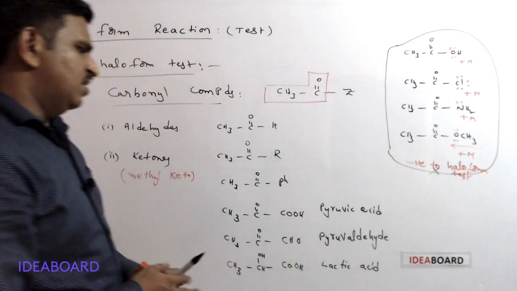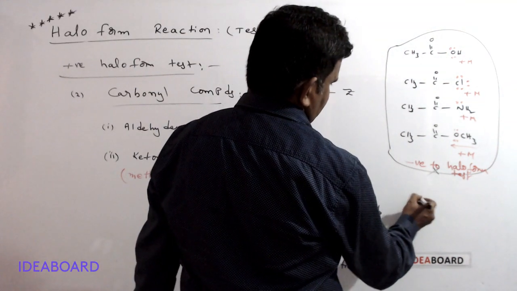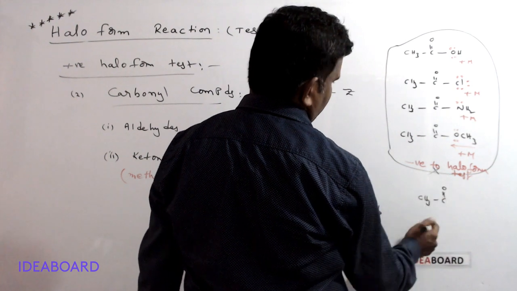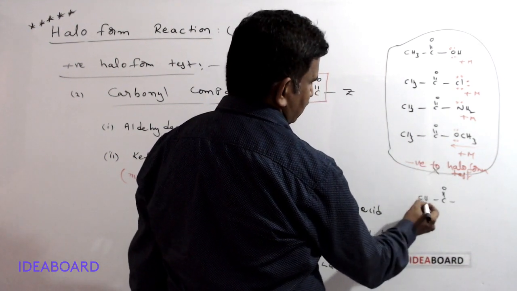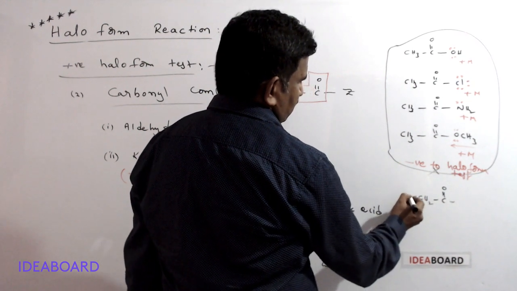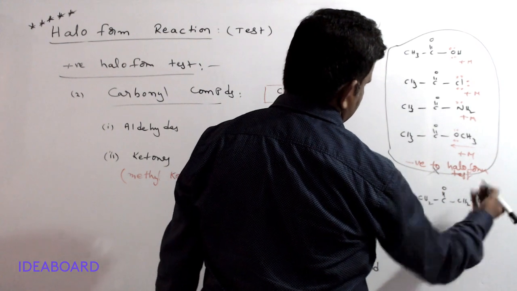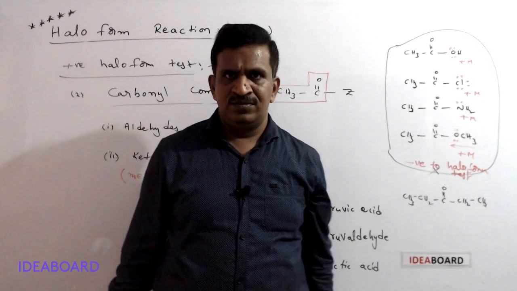Okay. And any other types of groups. Suppose you are giving here CH3 and here it is a CO. If they give this one, it gives. But here it is a CH2, here it is a CH3, and here it is also CH2, and this is CH3. Tell me, does this compound give the haloform test or not?